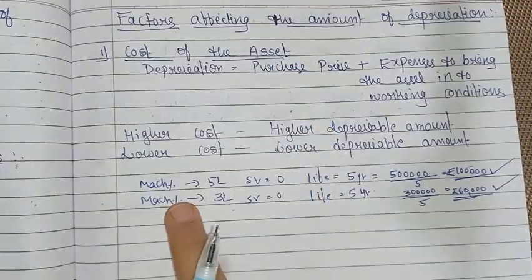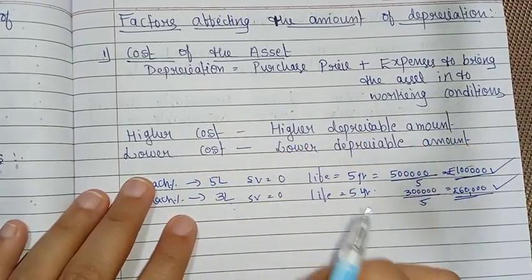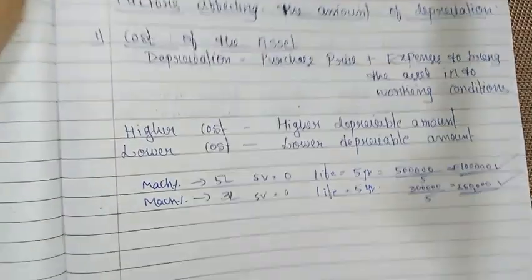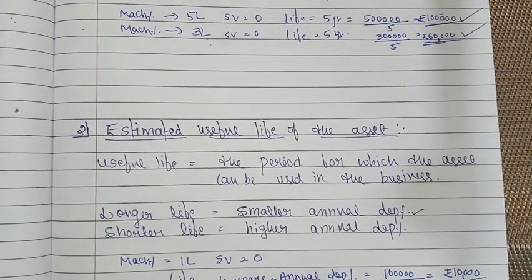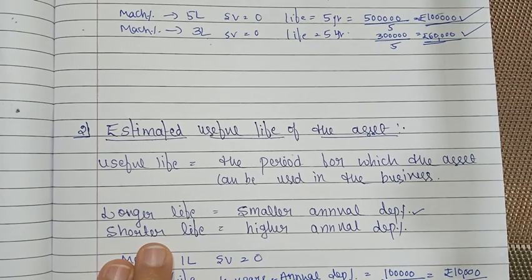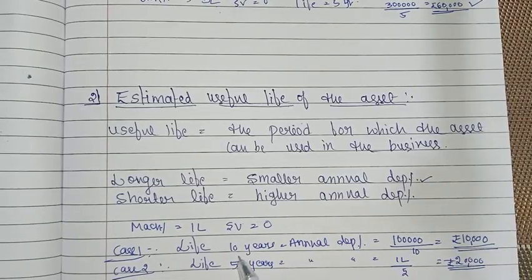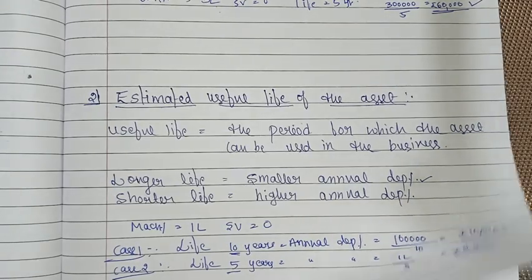With higher cost, there is a higher depreciable amount, and lower cost means lower depreciable amount. But in estimated useful life, if the life of the machine is long, it results in smaller annual depreciation. With a life of 10 years, the depreciable amount is less, and with a shorter life of 5 years there is higher annual depreciation, that is rupees 20,000.